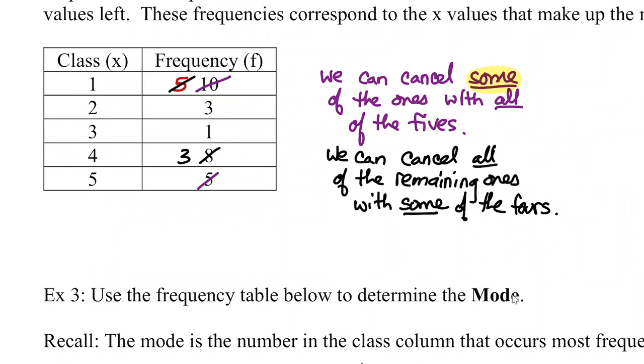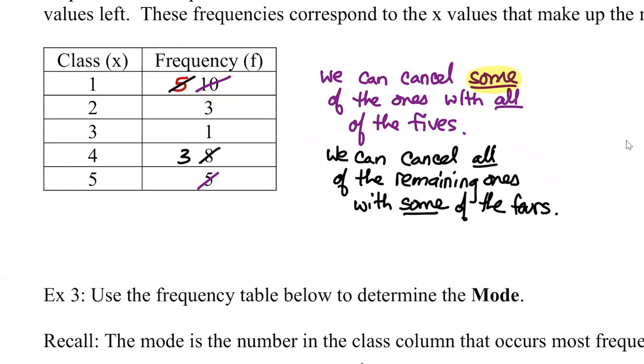But I can't cancel them 1 for 1 with all of the 4s because I only have 5 1s, but there are 8 4s. So I can only cancel them with 5 of those 4s.